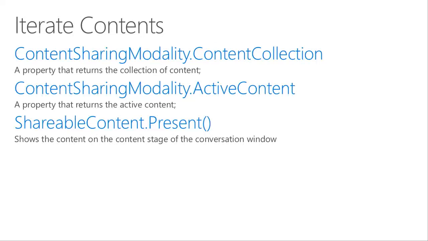The content modality has a collection called content collection, which gives you a list of the content you have created. The active content is what is being shared. It's a property. You can get what is being shared by looking at this property. Present is, you can present in the content bin. You can select what to present, and then once it's selected, you can just call present to present that content in the content modality.